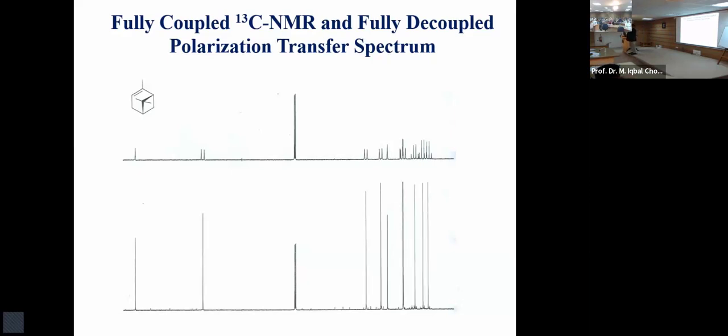You now see nice signals and the chemical shift is obvious, but you lose the very important piece of information about multiplicity.